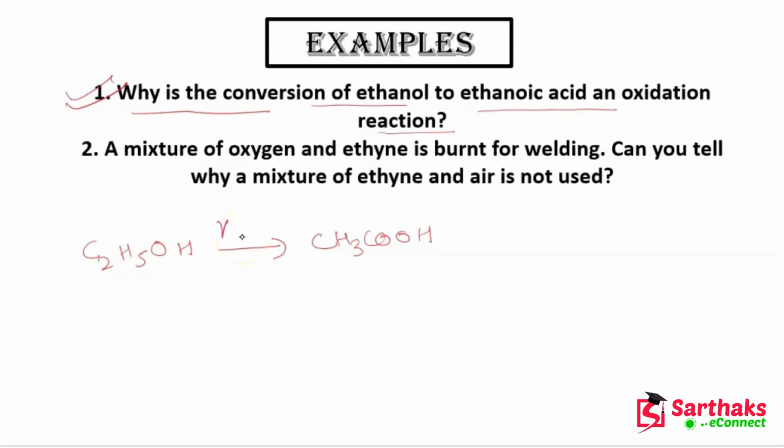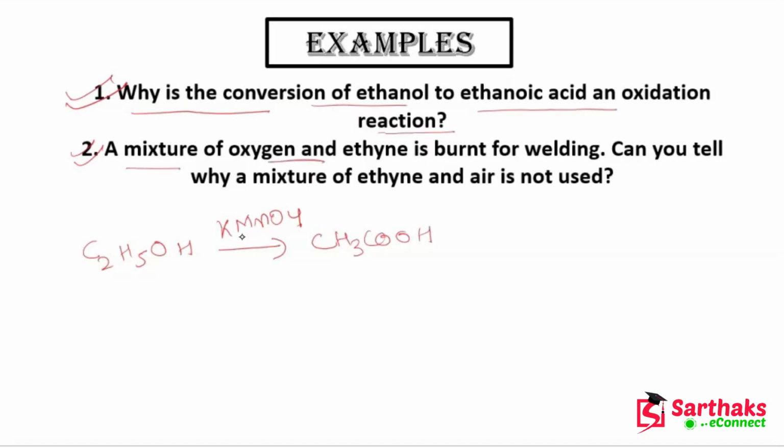This conversion takes place in the presence of potassium permanganate or potassium dichromate. You can see that here only one oxygen is present, and here two oxygen atoms are present. Because oxygen is added, this is an example of an oxidation reaction. Now let's talk about the second question.